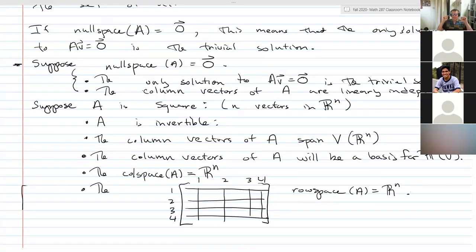Although they're not the same basis, they give us the entirety of the same vector space, with the same number of vectors because they have the same dimension. So they give us different bases for the same exact space.